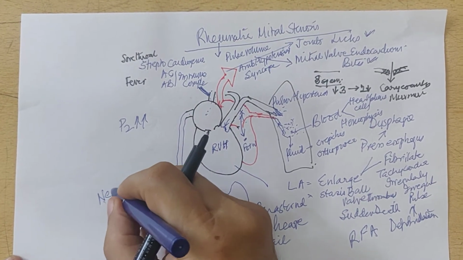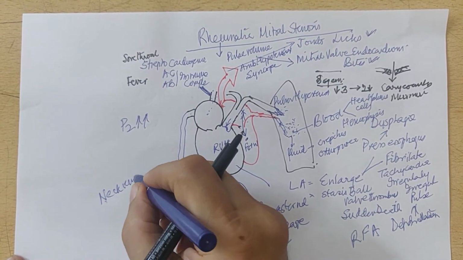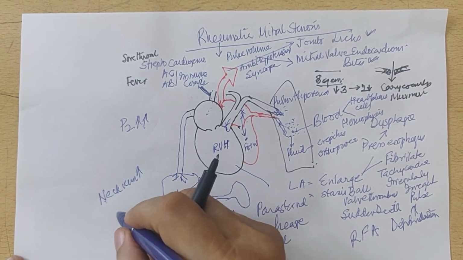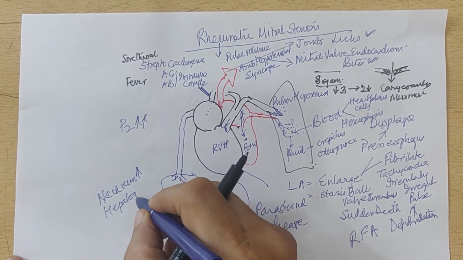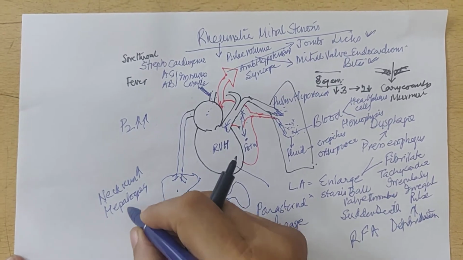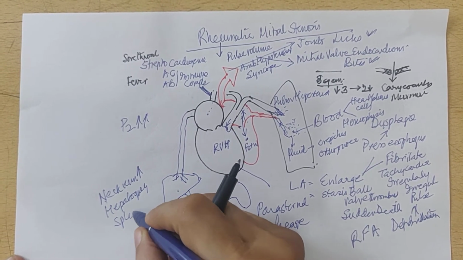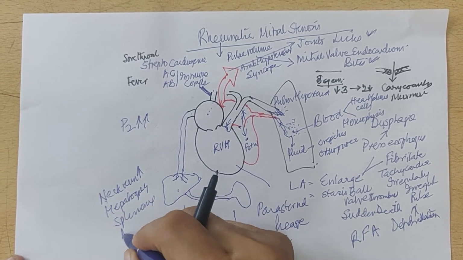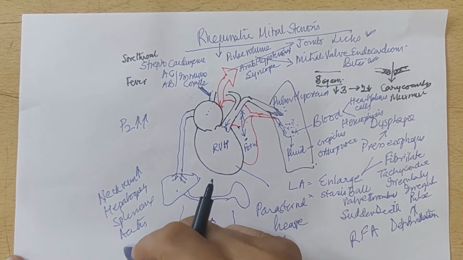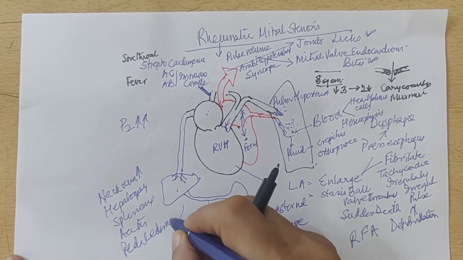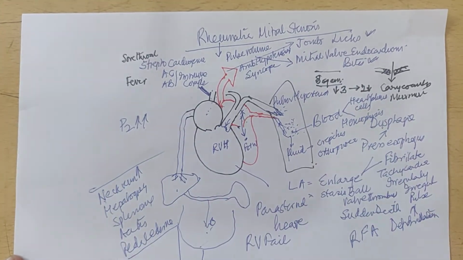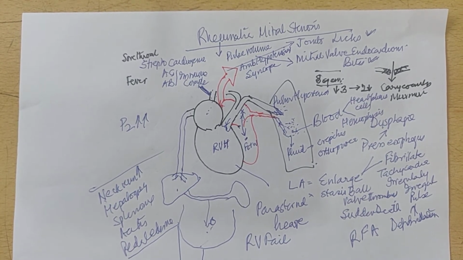So increased neck veins, tender hepatomegaly, splenomegaly, ascites, pedal edema are the 5 signs of right ventricular failure.